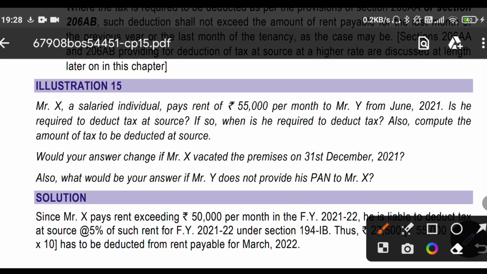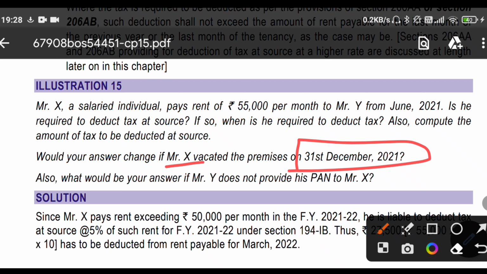And would your answer change if Mr. X vacated his premises on 31st December 2021? So in this case TDS is required to be deducted on 31st December 2021. So here the total rent will be June, July, August, September, October, November, December. So total months is 7, right? 7 into 55,000, 3,85,000, and here there is no limit of 2,40,000, right?